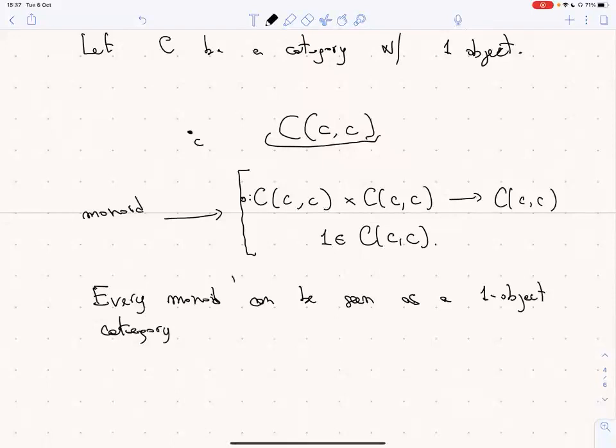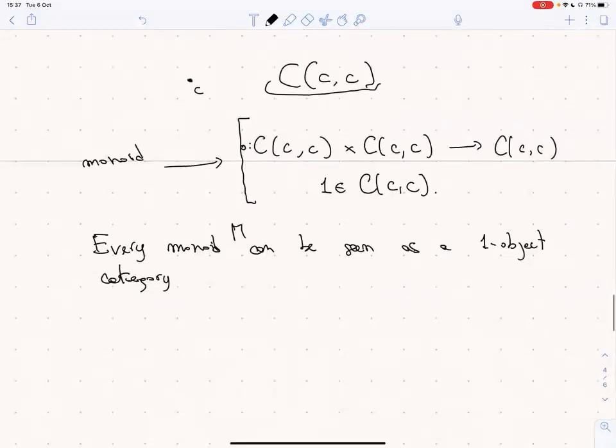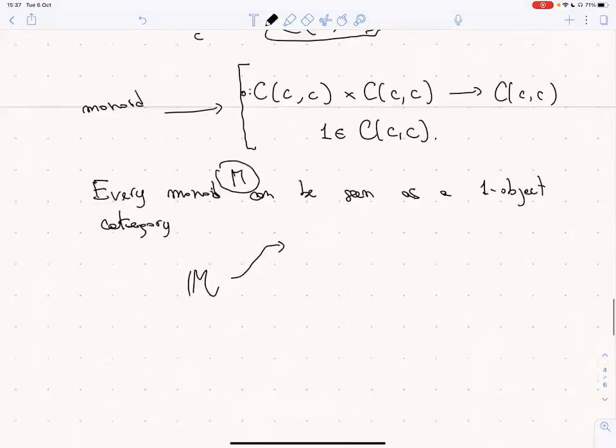In general, given a monoid M, I define a category, let me call it M, whose objects are just one object, let me call it c.